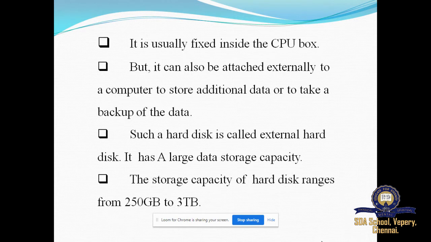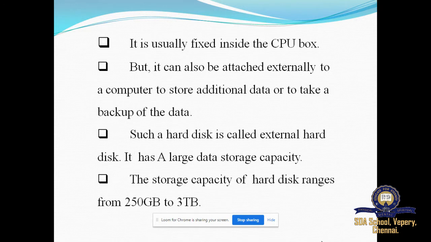It is usually fixed inside the CPU box. Like cache memory is located between main memory and CPU, the hard disk is fixed inside the CPU box. But it can also be attached externally to a computer to store additional data or take a backup of the data.